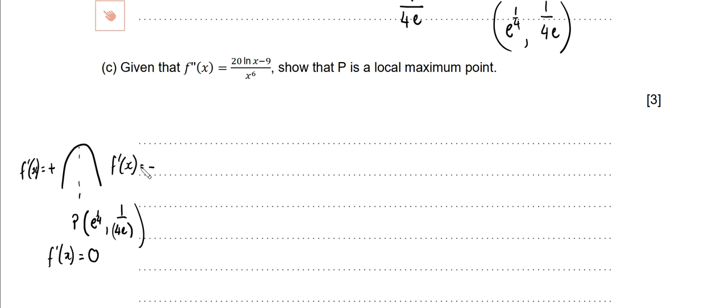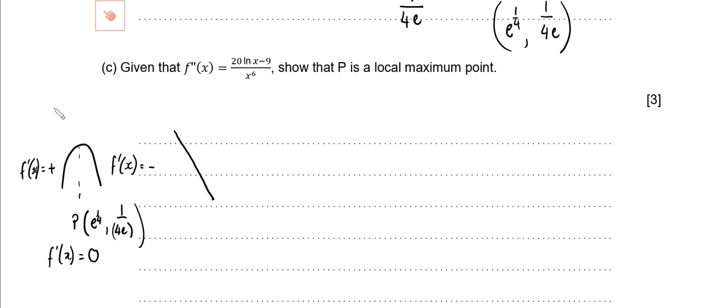Think about what we just did before. Turning points are when f dash of x is 0. We want to know whether the gradient goes from positive to negative. So what would the gradient graph look like?